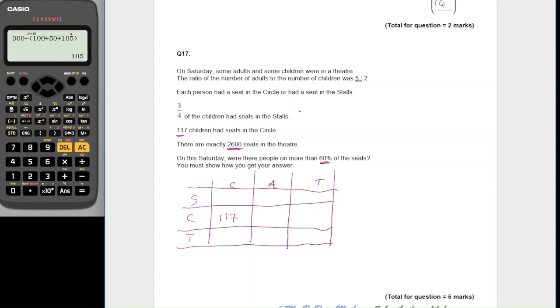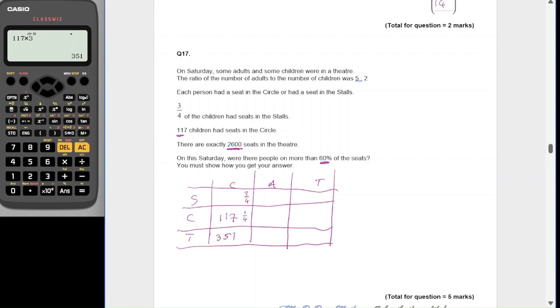From that, 3/4 of the children were seated in the stall. So that means that this 117 has to represent 1/4. Let me just check. Yeah, so that's 1/4. That means that we must have 3/4 here. So if I times this value by 3, 117 times 3 gives me 351.